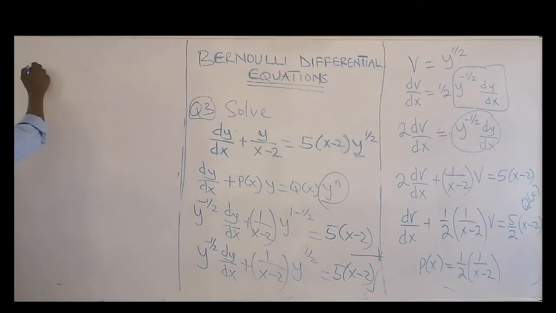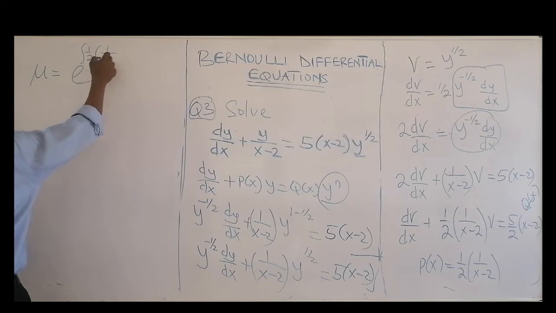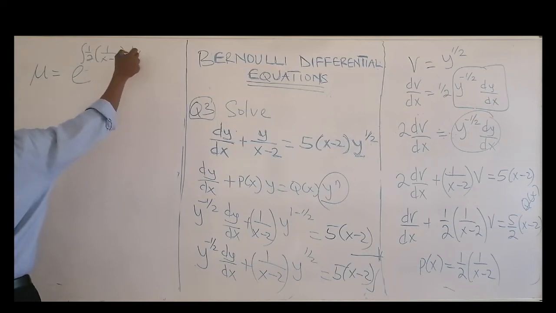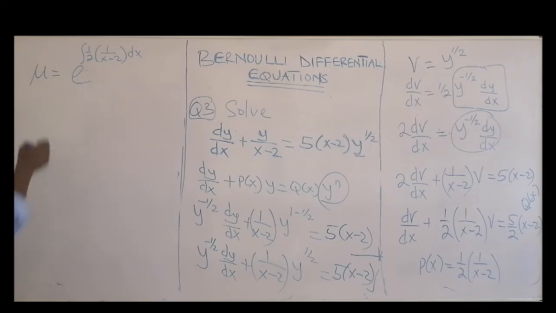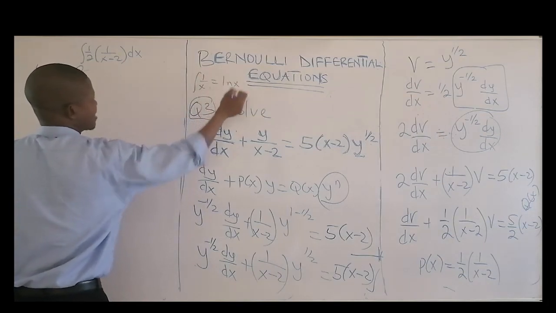So let's get the integral factor. The integral factor, which we call mu, will be equal to e to the integral of what? Half into bracket 1 minus x minus 2 dx. Then we can take that half outside. Don't forget that the integral of 1 over x is ln x.